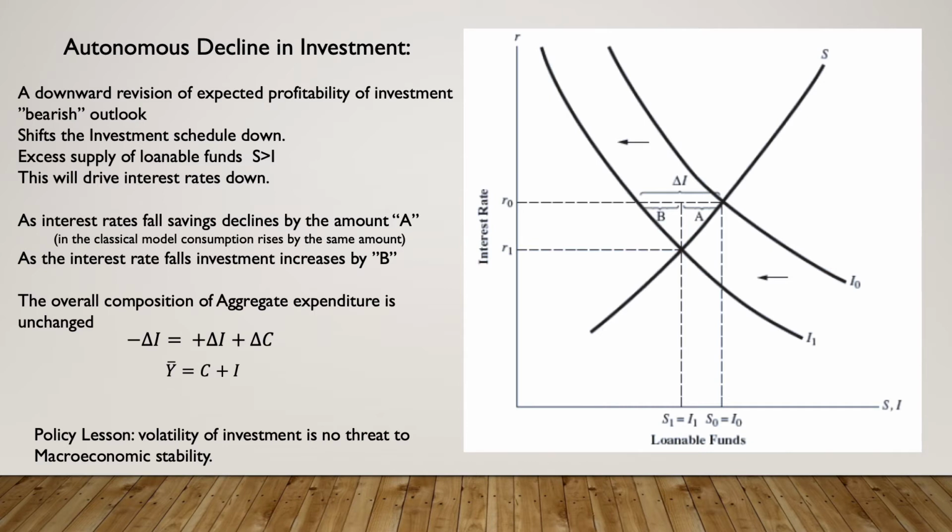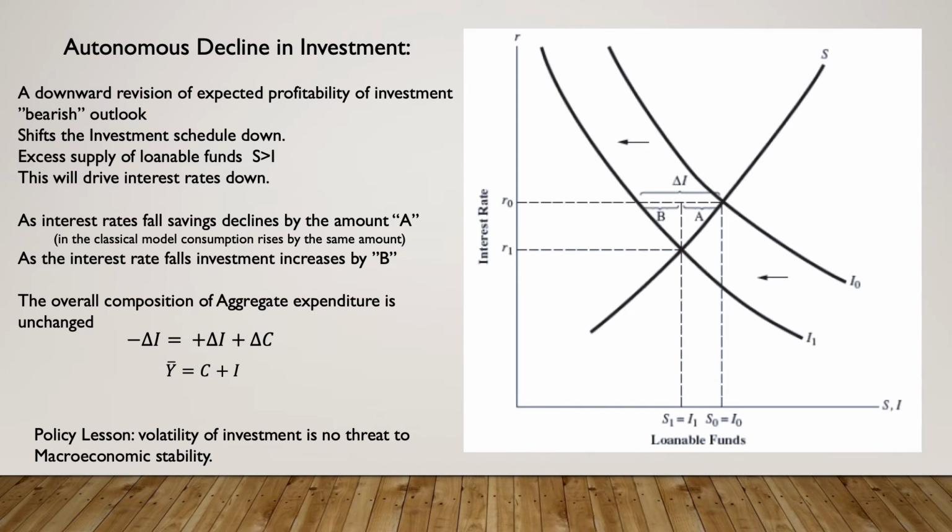We'll start there, with the upward sloping savings line, which is just S because we're not going to be changing it. So initially we have an equilibrium at R0 and S0 equals I0. The interest rate R0 is creating an equilibrium where savings is equal to investment, at levels S0 equals I0. And everything's humming along just fine.